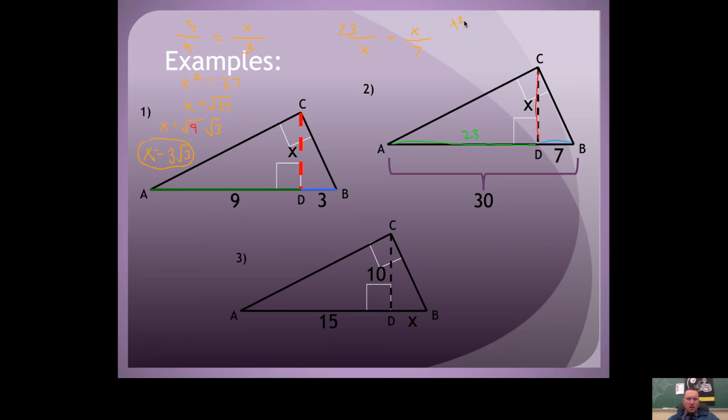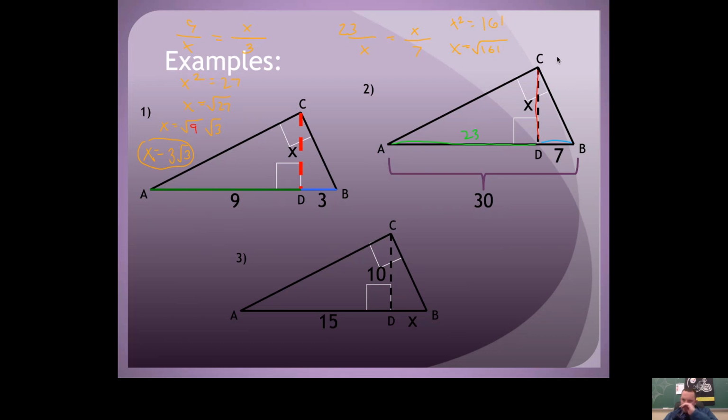Cross multiply. X squared equals 23 times 7. I'm just getting my calculator out for this one because it seems like this one's going to be a little bit tougher. 23 times 7 gives you 161. And I got to be honest with you, I don't know what perfect square goes into 161.